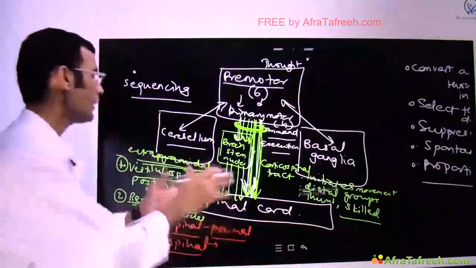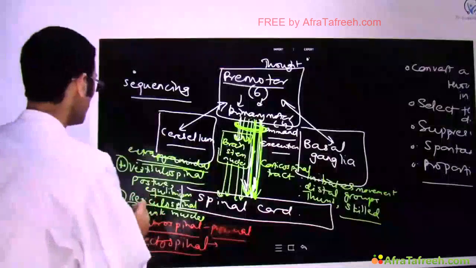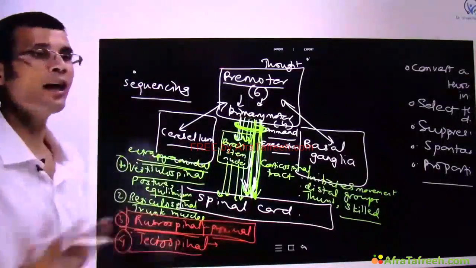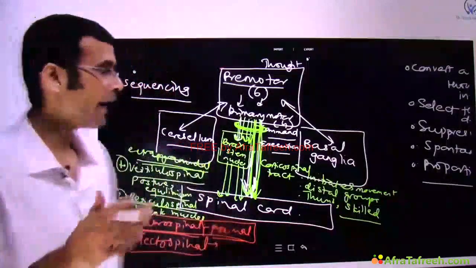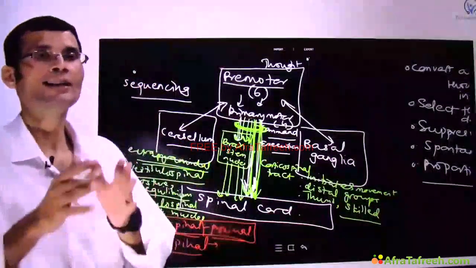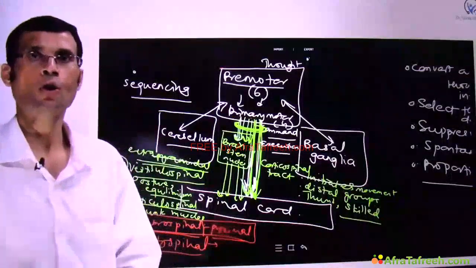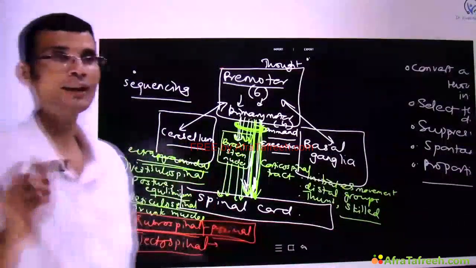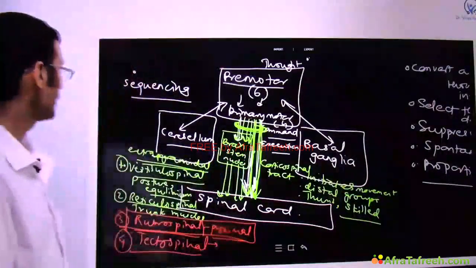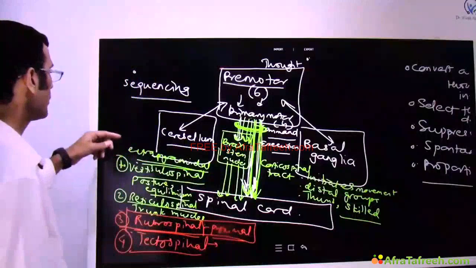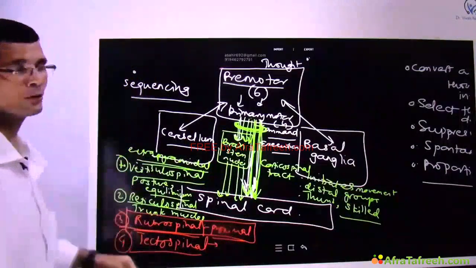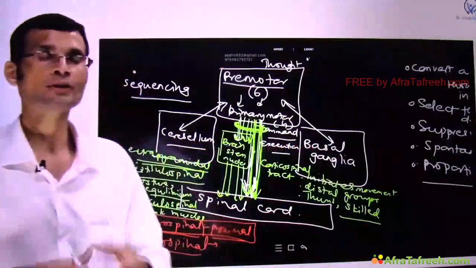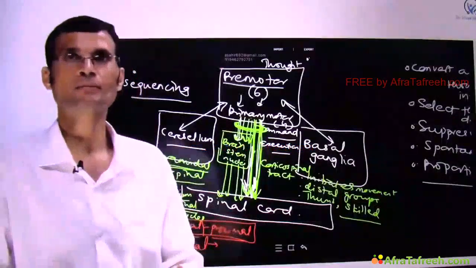So the lateral corticospinal tract and rubrospinal tract run together on the lateral aspect of the spinal cord, and they constitute what is called the lateral motor system of the cord. Corticospinal tract and rubrospinal tract constitute the lateral motor system of the cord. The remaining three tracts, vestibulospinal, reticulospinal, tectospinal, run on the medial aspect of the spinal cord. So it's called the medial motor system of the cord.